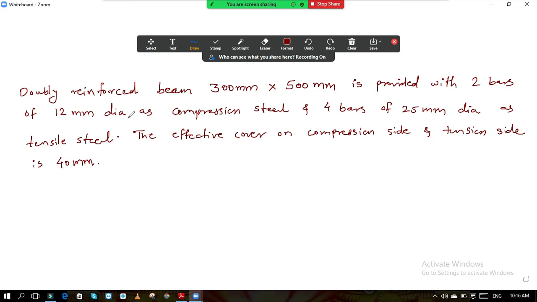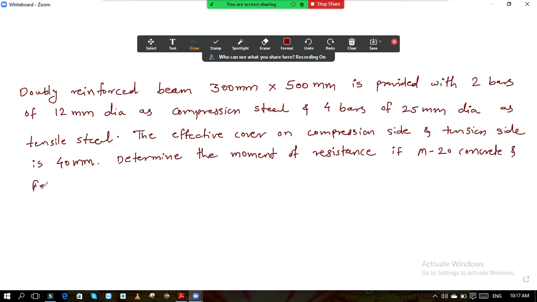Effective cover is given to you. Determine the moment of resistance if M20 concrete and Fe415 steel is used.